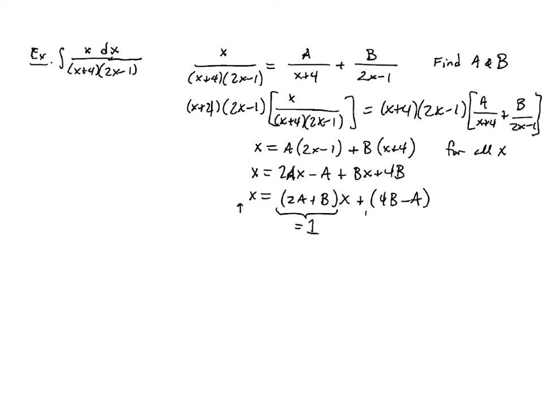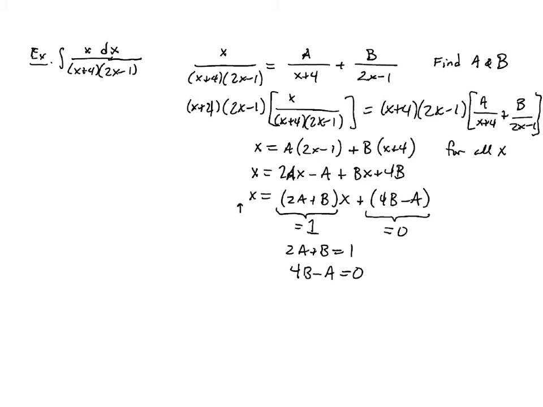And the constant term here has to equal the constant term on the left-hand side, so this constant term is 0. So we get a system of linear equations, 2A plus B equals 1, and 4B minus A equals 0.